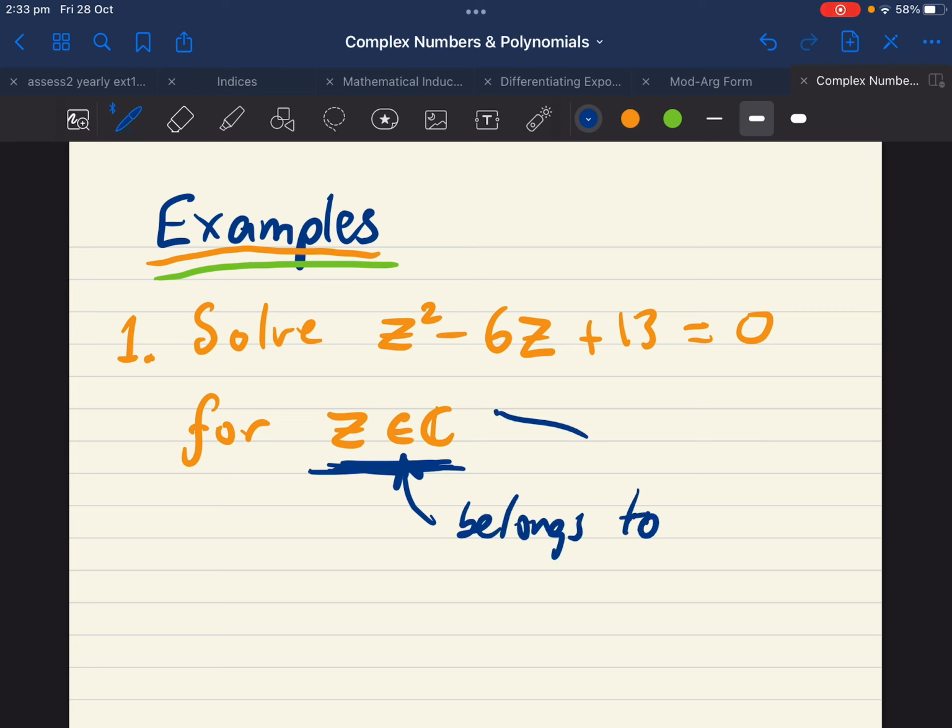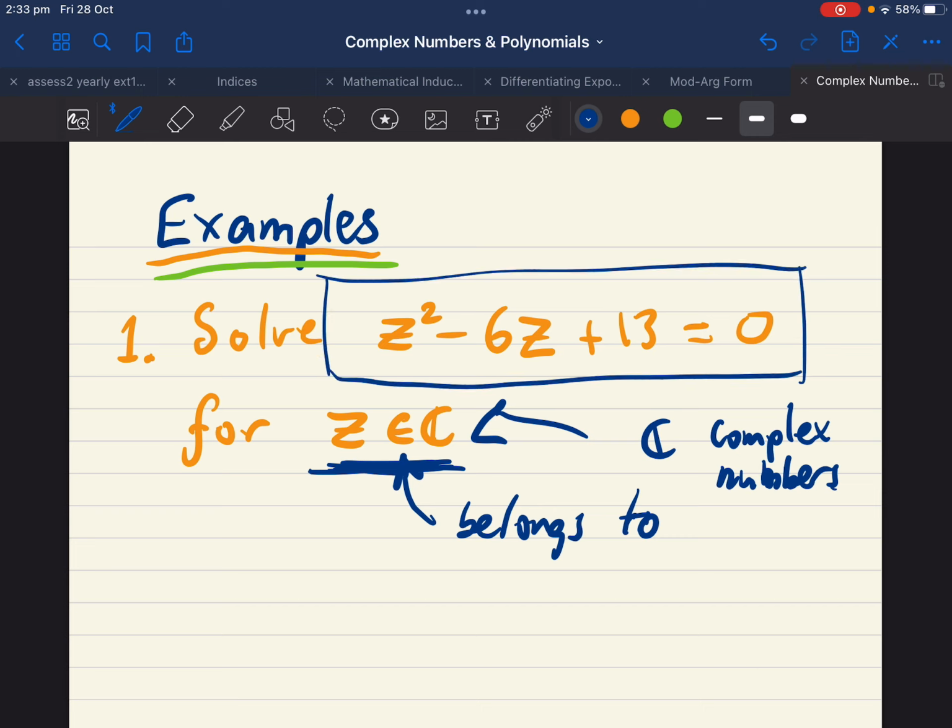And this C here, like a C with an extra line through it, is just the symbol for the complex numbers, the set of all numbers that are complex. So ultimately, we're just solving this quadratic, and z is allowed to be a complex number. That's all this really means.